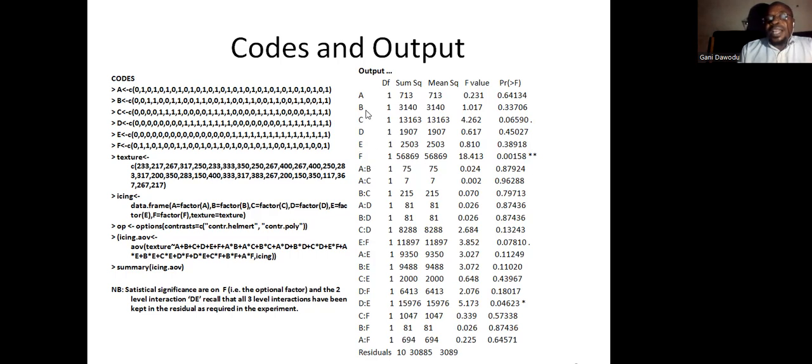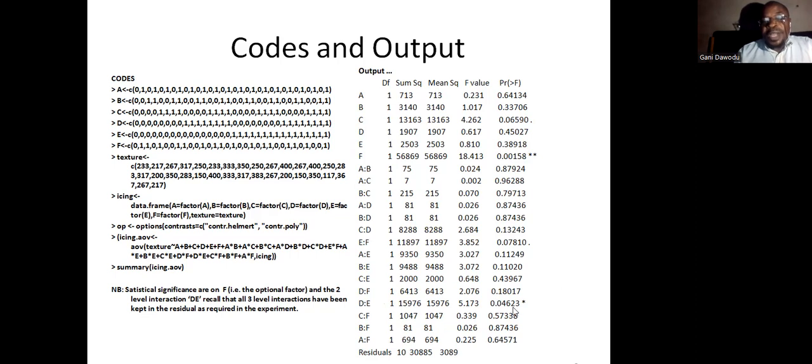Now, so they are all that we require here, and these are their degrees of freedom, sum of squares, and mean squares. It won't be different because the degrees of freedom are just 1 each. It's the residual that's actually changing.